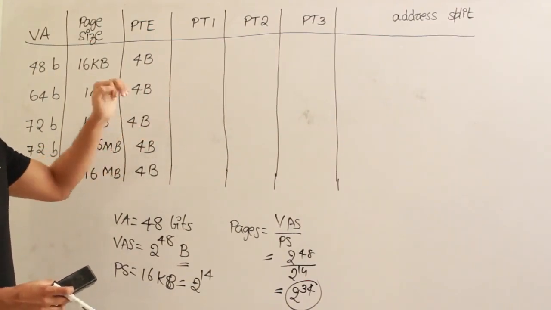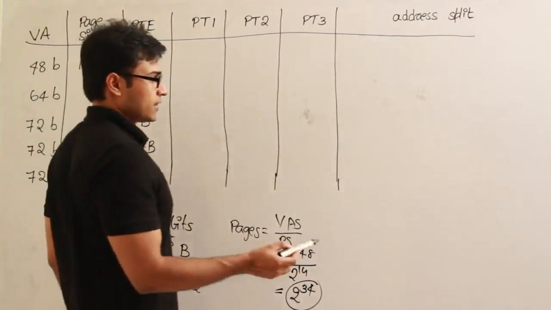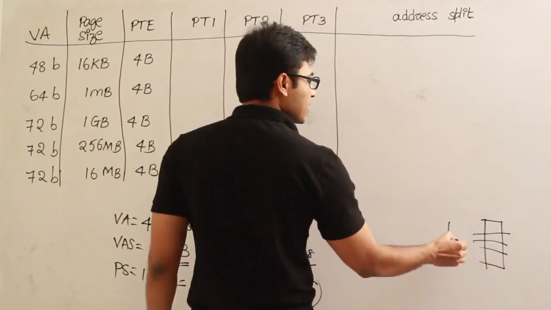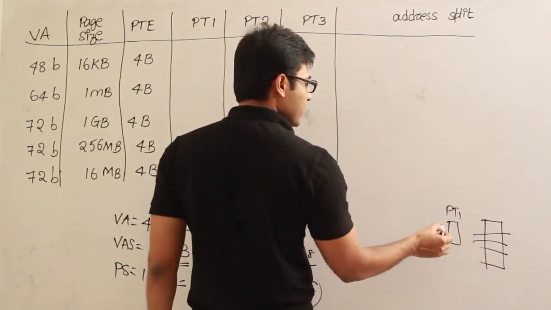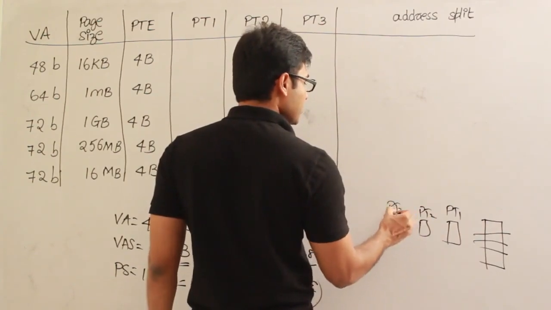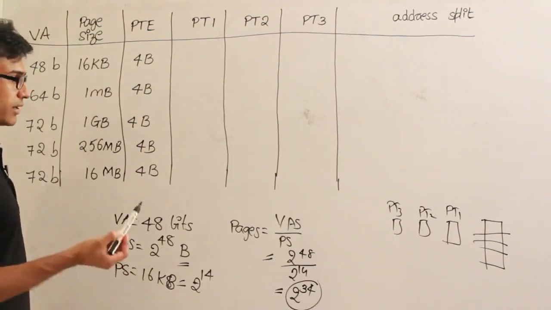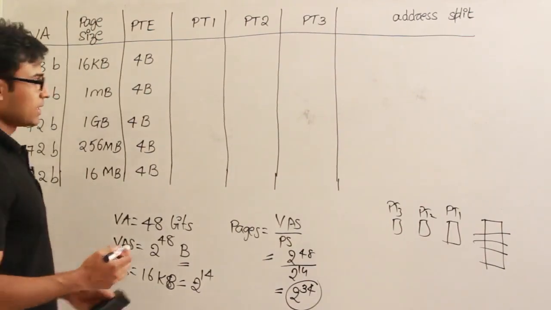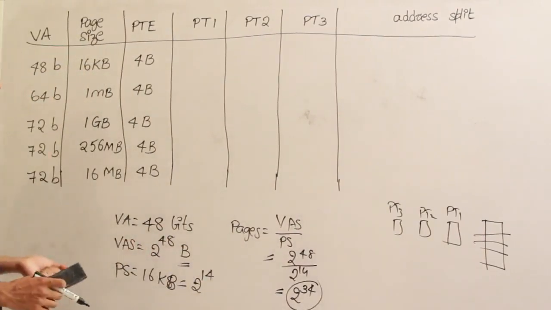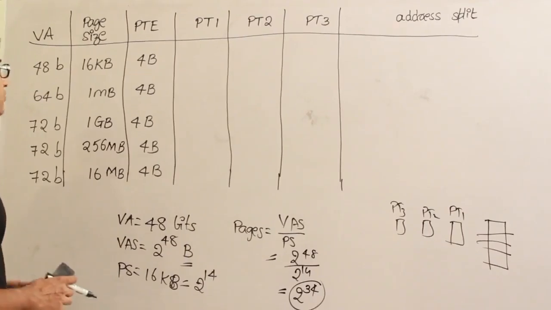In this question my intention is page table 1 is here, which means if this is the process, and if it is broken into pages, then I am calling this one page table 1, and this one page table 2, and this one page table 3, or you can go the other way also, right? No problem, but you should be clear about which way you are using. So in case I am using this one as page table 1, then I am going to go ahead with this. Okay, so the number of pages in page table 1 is 2 power 34.